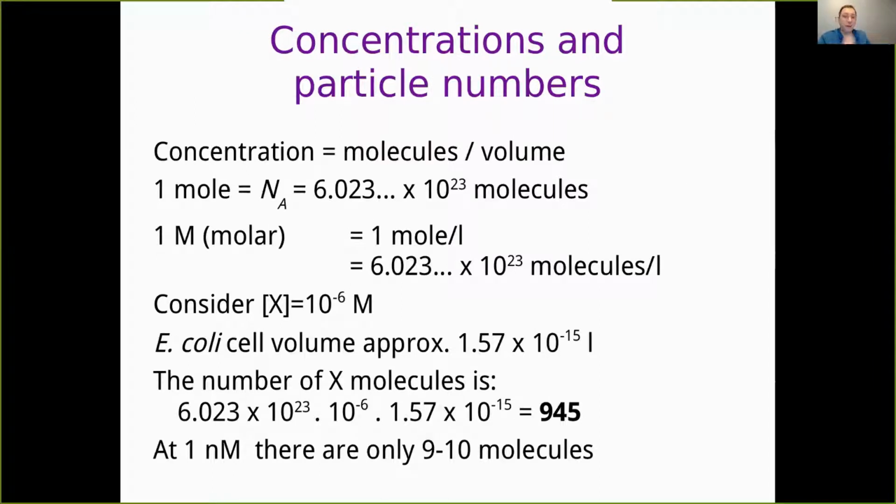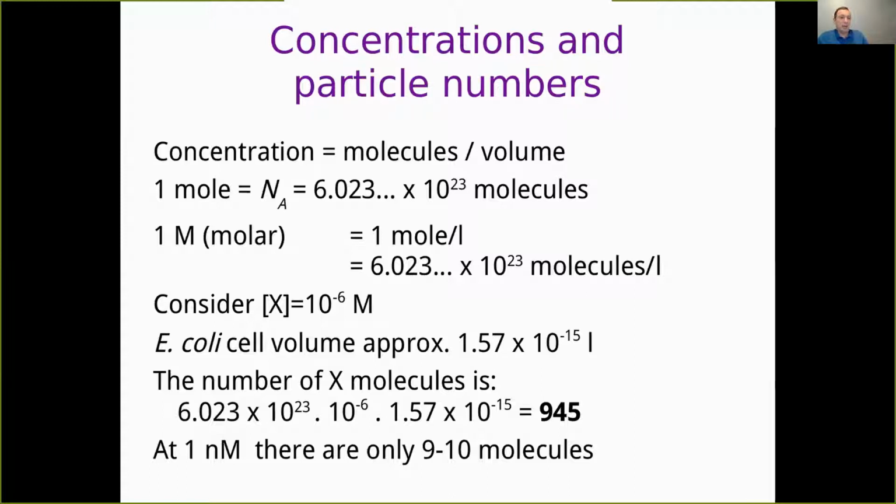The final thing I would point out is an interesting calculation that some of you might have done. Think about the volume of a cell, for example, an E. coli cell, which is a small cell, although some eukaryotic cells are larger. That cell has a volume of a few femtoliters, say 1.5 femtoliters. That's 10 to the minus 15 of a liter.